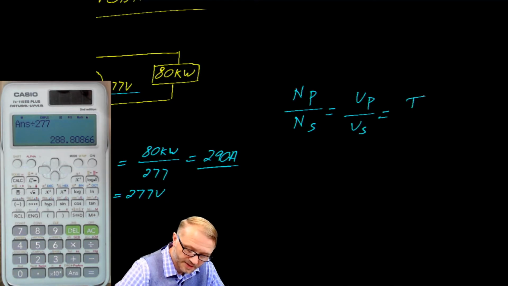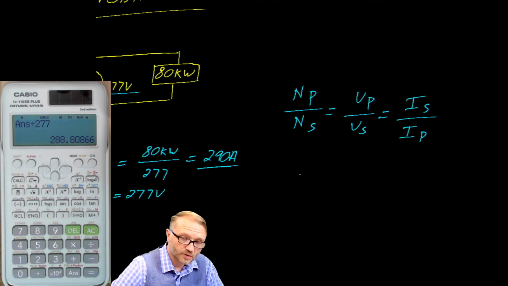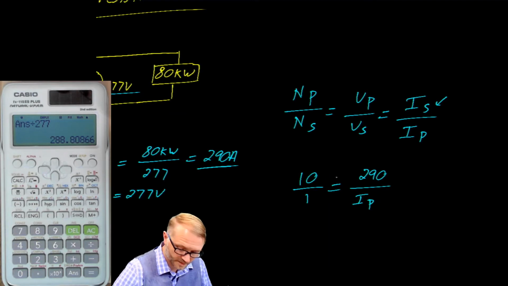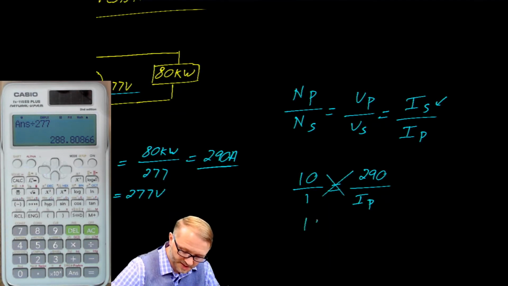And then we have the current, which is upside down, so it's the current on the secondary over the current on the primary. For T2, that becomes 10 to 1. So the current on the secondary is 290 amps over the current on the primary. If you cross multiply, 10 times the current on the primary is equal to 290. Therefore, the current on the primary is simply 29 amps.